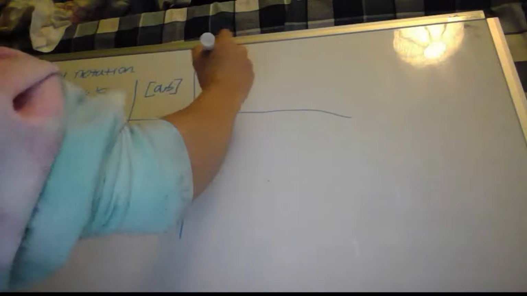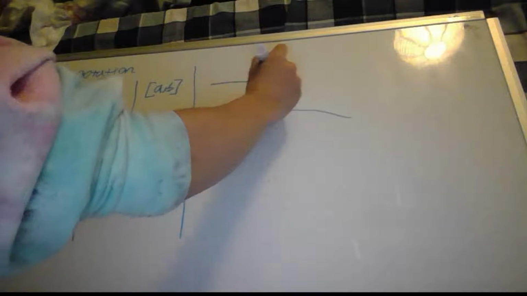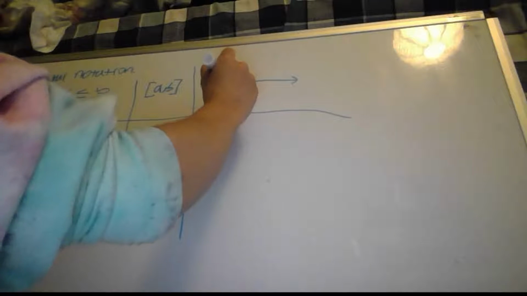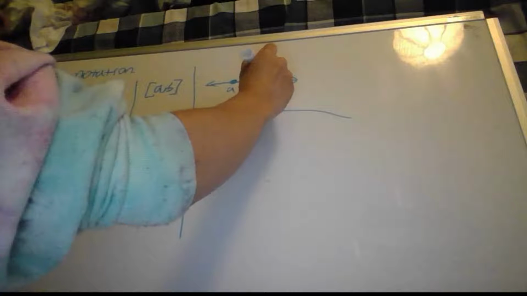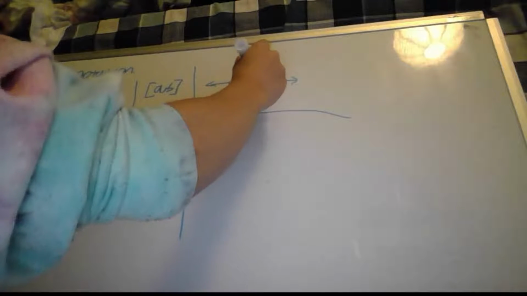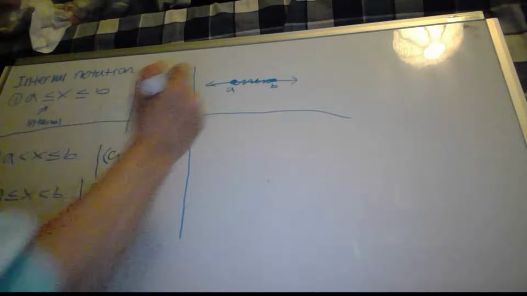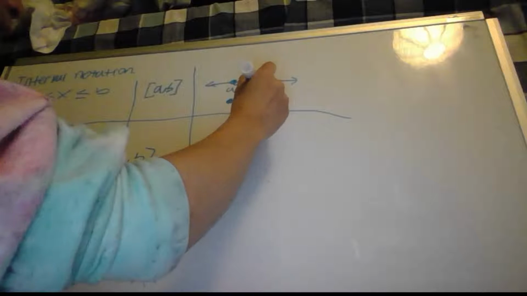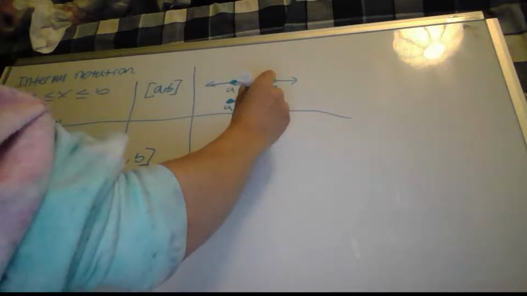And the number line, by the way, I'm gonna just go ahead and do the number line really quick. So the number line, let's say this is A, this one is B. It would basically look something like this, from A to B, right?